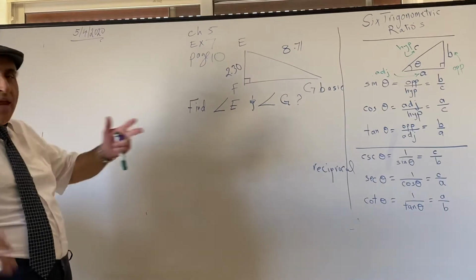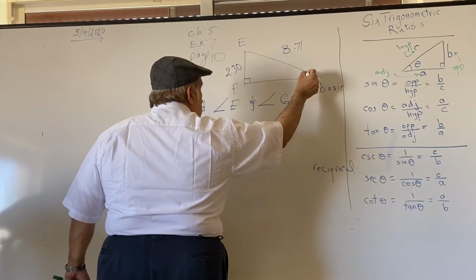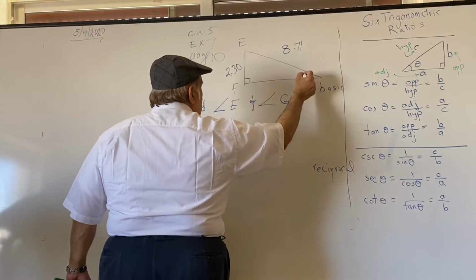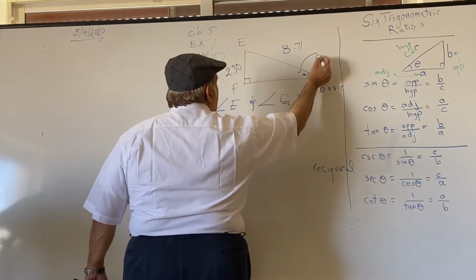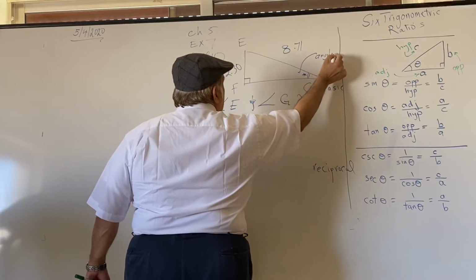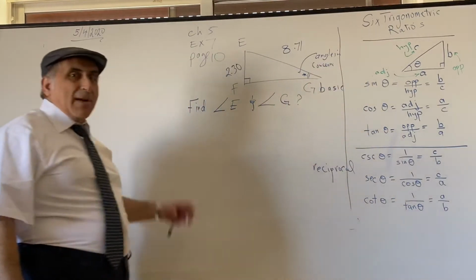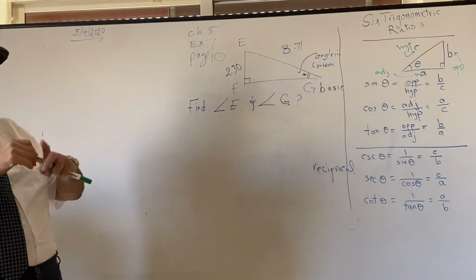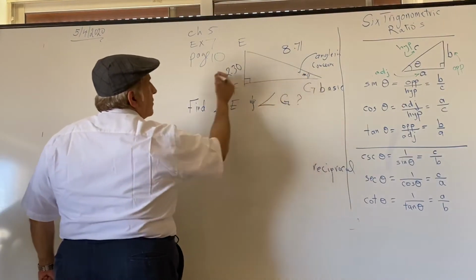Let's start with anyone you wish. Suppose I want to choose G. This is my angle in concern, the one I am interested in. So by default, what is this side called, the one which is facing it?